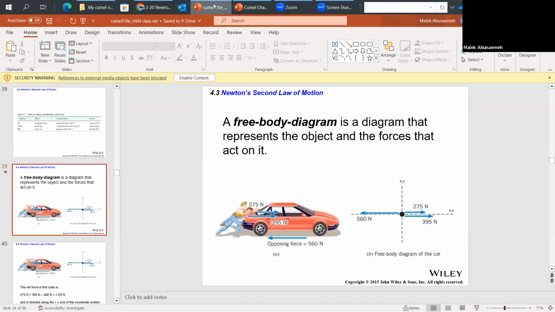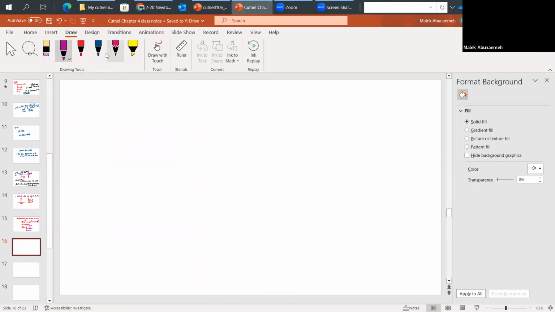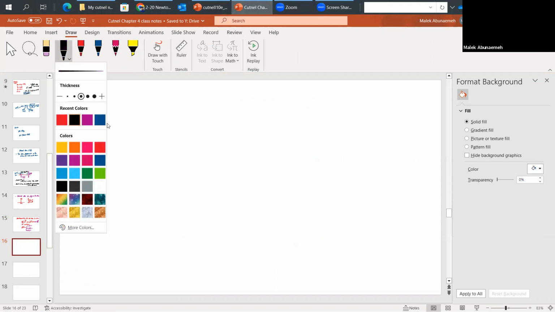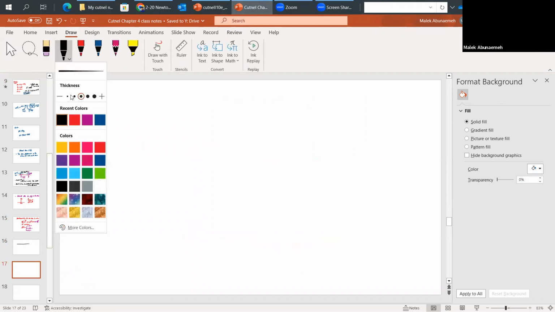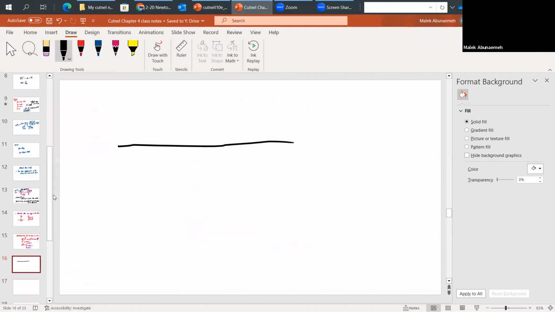Now, a free body diagram, we will use that to represent the objects and the forces that act on them. So in this case, let's say you have a car with 2 people pushing it. So let's say you got a road, and on this road you have a car.